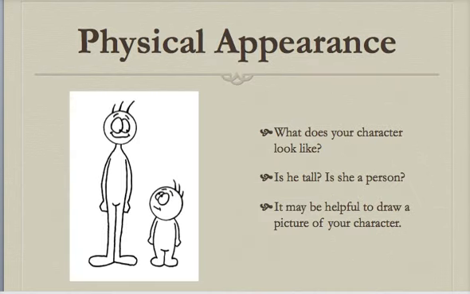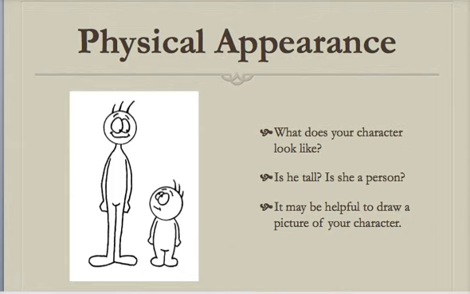Let's move on. We'll start with physical appearance. So, what does your character look like? The basics. Is he tall? Is she even a person? Maybe not. And it may be helpful to draw a picture of your character just for your own use so that you are better able to describe.